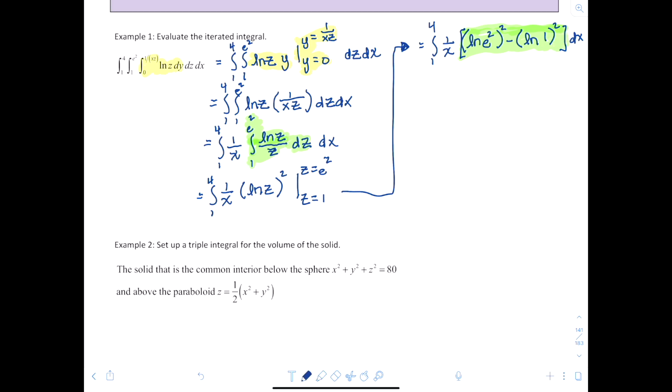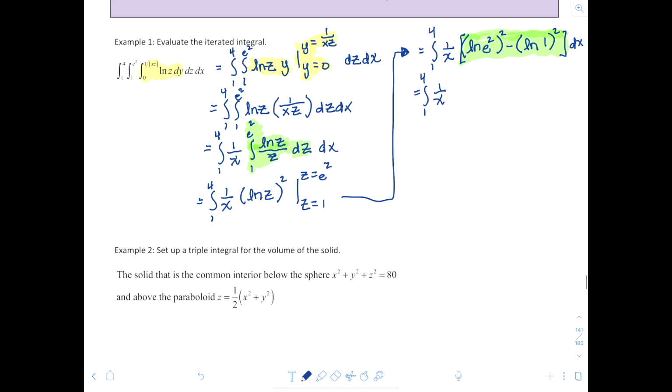And almost there, hang on. So integral from 1 to 4, we have 1 over x. Natural log at e squared is just 2 because you're evaluating the natural log at the natural exponential. So whatever's in the power of that exponential is what you get. And so then we'd be squaring 2, and then we would be subtracting 0 squared. So it ends up like this.